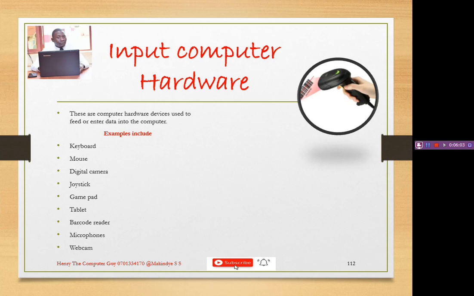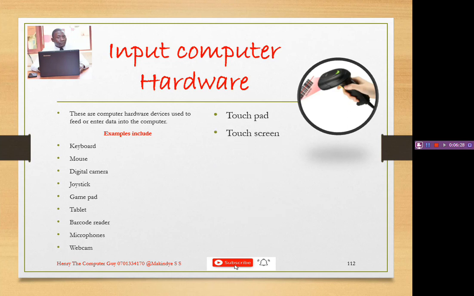We have a webcam. In case I wanted you to look at me, then I would turn on my webcam, and it captures my picture or my face when I'm explaining this. We can have a touchpad. That area on a laptop where we always touch to move the cursor.